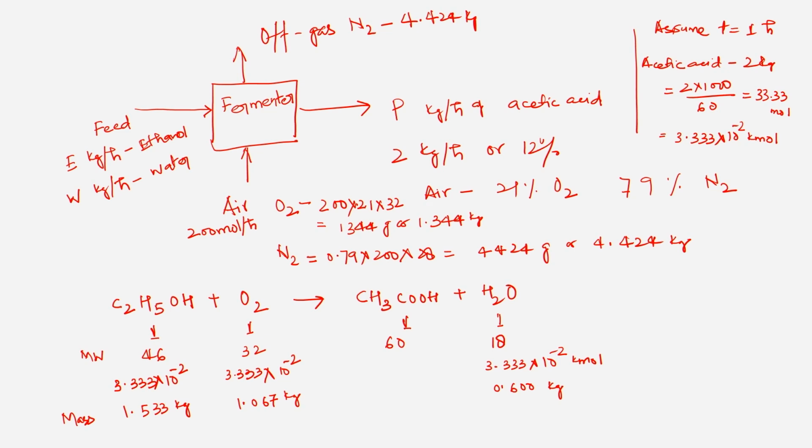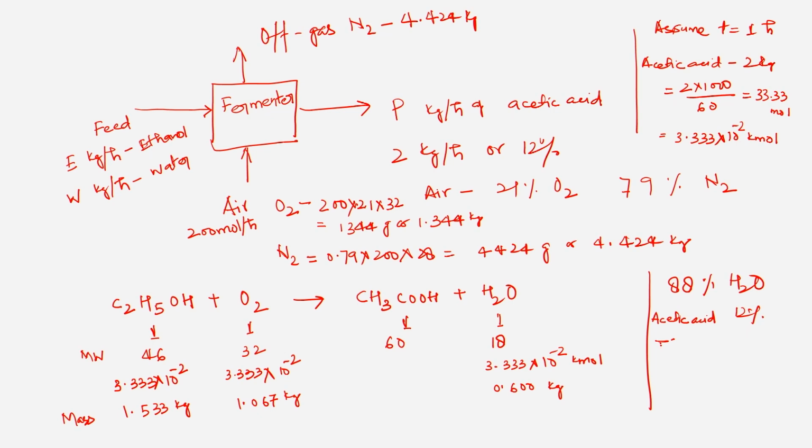Now, interestingly, the acetic acid product should be 12% volume by volume. It means 88% water is already present in the product: 88% water and 12% acetic acid. Now, we know the acetic acid is 2 kg.